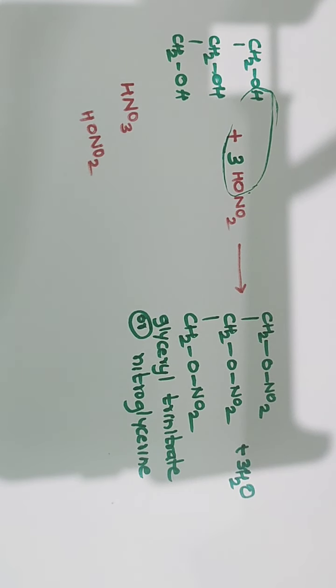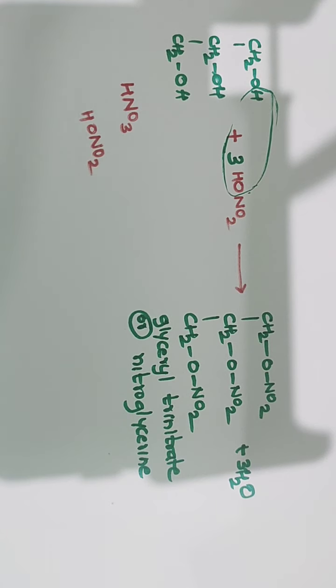Glyceryl trinitrate is used as an explosive under the name of dynamite or cordite.